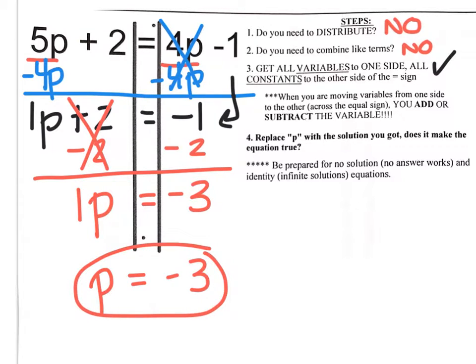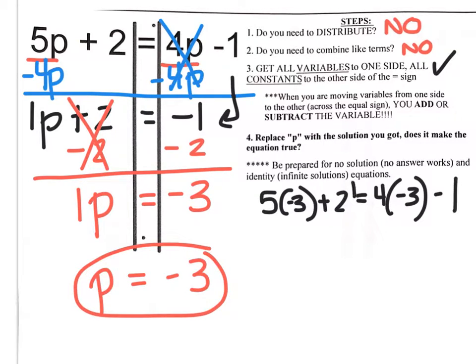What we are going to do is take that answer and plug it back into our original equation. So we would do 5 times negative 3 plus 2 equals 4 times negative 3, minus 1. And we want to see, does our right side equal our left side?